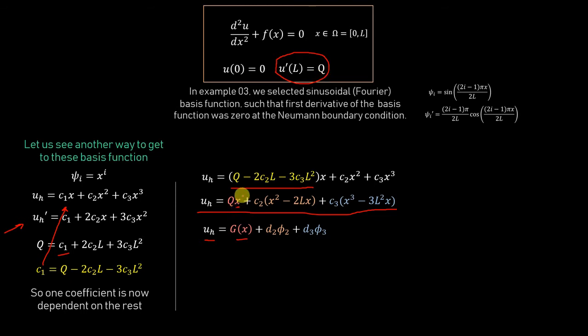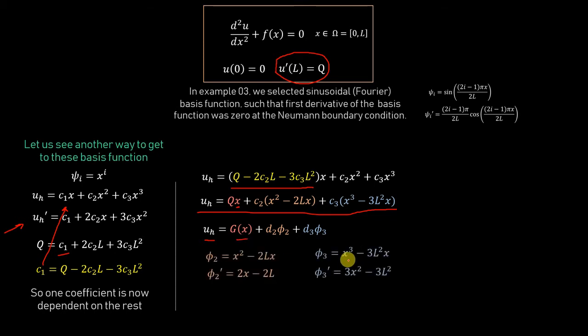We'll see in the generic derivation that this x is nothing but some part of your basis function, which is psi 1 here. We'll see those details in the next example.